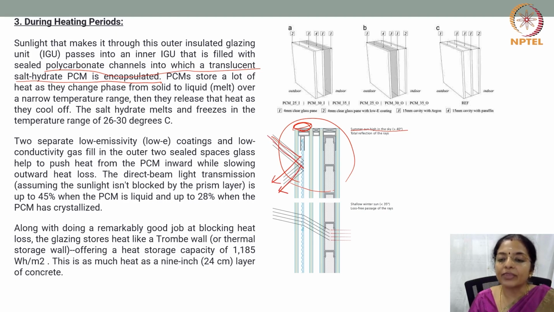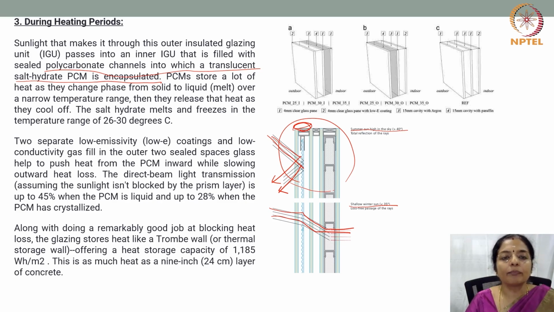Whereas during the shallow winter sun, when the sun angle is less than 35, the solar radiation manages to get inside. So this offers a passive solar control mechanism for south facing glass to keep out most of the high summer sun while benefiting from the lower angle of winter sun.